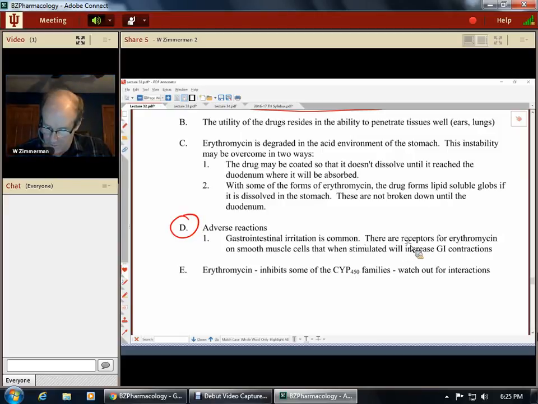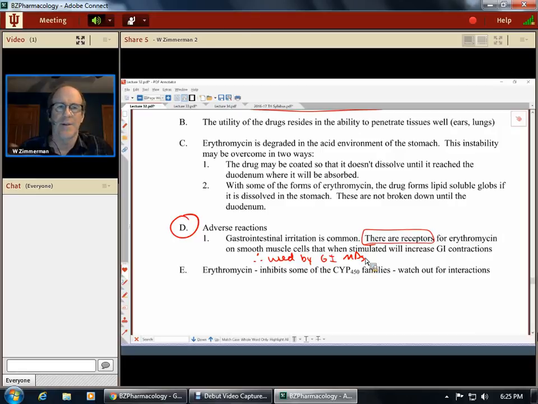There are receptors for erythromycin on smooth muscle cells that, when stimulated, increase GI contractions. Therefore, this is used by GI MDs for people with diabetes that don't have good motility anymore, to stimulate motility.